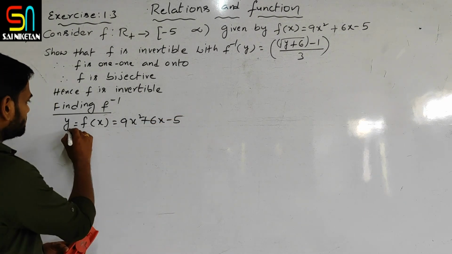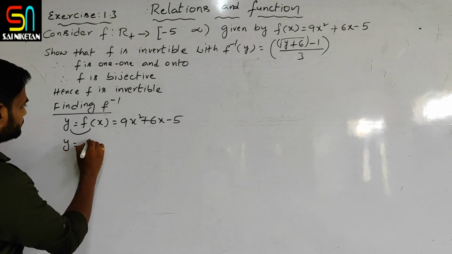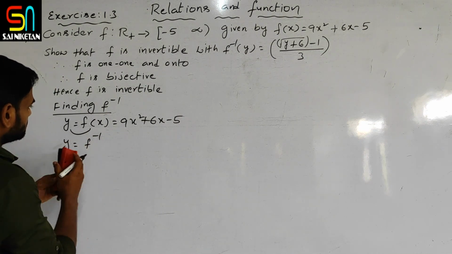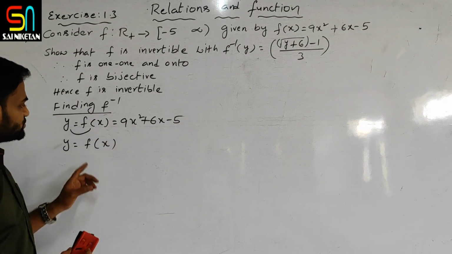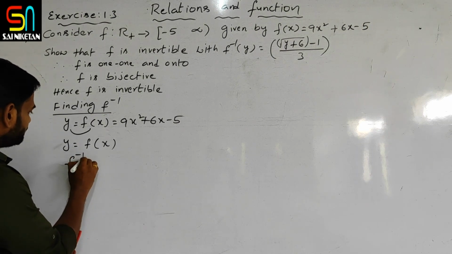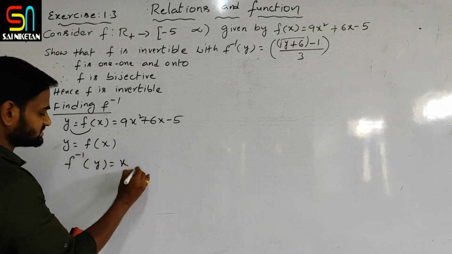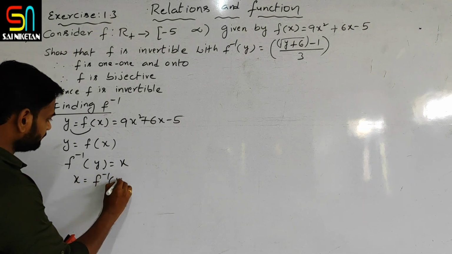Okay, take this. That is y equal to f of x. From this one, send f to this side. That will be f inverse of y equal to x. So x equal to f inverse of y.